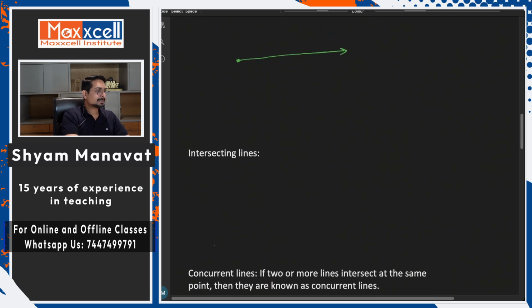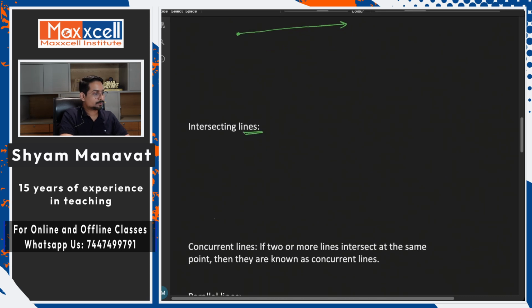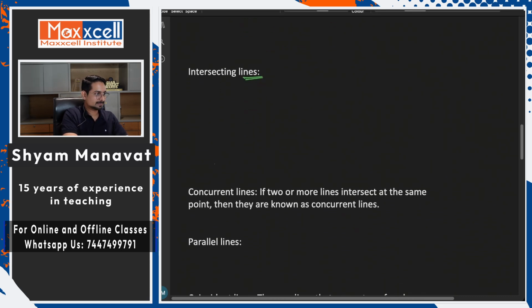Now intersecting lines. Now if we talk about lines, plural. So what is this term, intersecting lines? Intersecting lines means you have to have at least two lines. When they pass through a common point, they are called intersecting lines. It can be two or more.